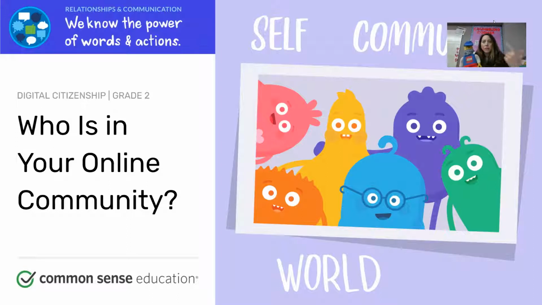And they're part of your community. The second grade community is your classroom community. And then outside of that, we have the larger school community with all of the grades, right? And then outside of that, there's a whole world. So just within our school, we have different communities.